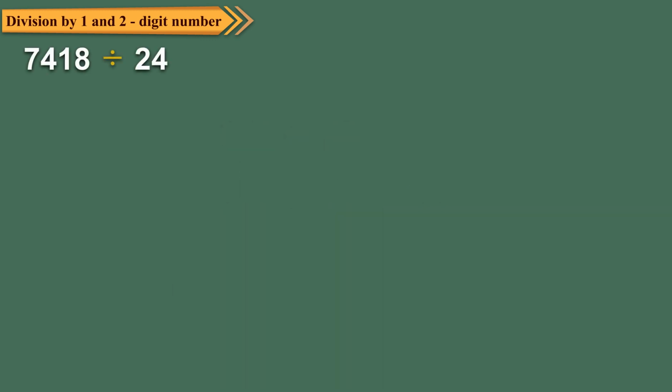So 648 divided by 27 gives 20 as an estimated quotient. Now let us see how we divide by a two-digit number. Consider the division 7,418 divided by 24. Write the dividend. Since the divisor is a two-digit number, we begin with the number formed by the first two leftmost digits of the dividend.